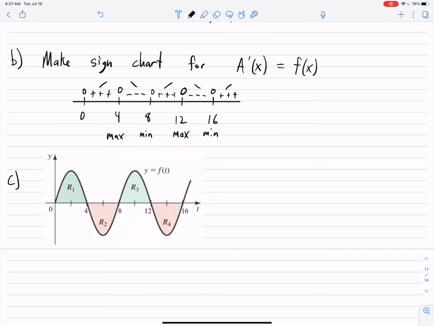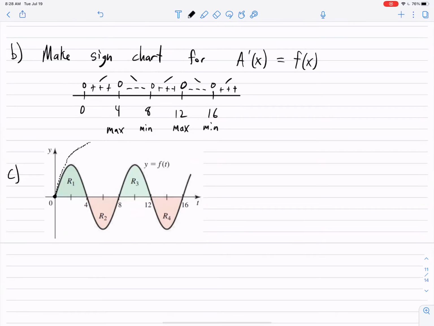So borrowing this scale, the area function starts at 0, and then it'll increase, and it keeps increasing till it hits a max right there. It hits a max at 4, and then it'll start decreasing until it hits a min at 8, and then it starts increasing again.